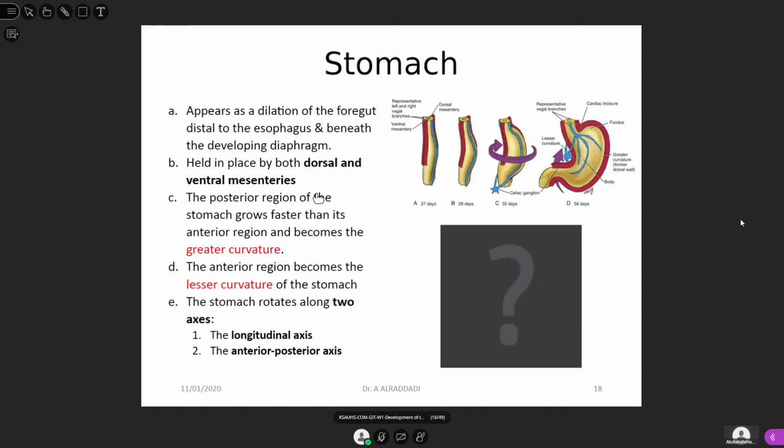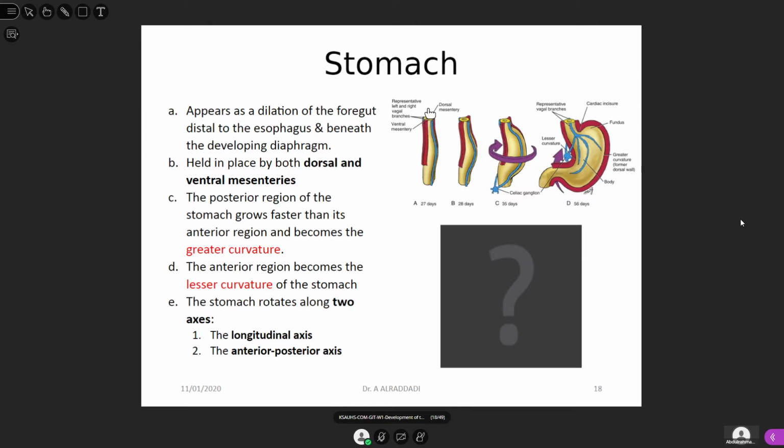After that, the stomach will include dilation and rotation. Two processes, dilation or expansion, and rotation. At the beginning, it appears as a dilation of the foregut distal to the esophagus and beneath the developing diaphragm.